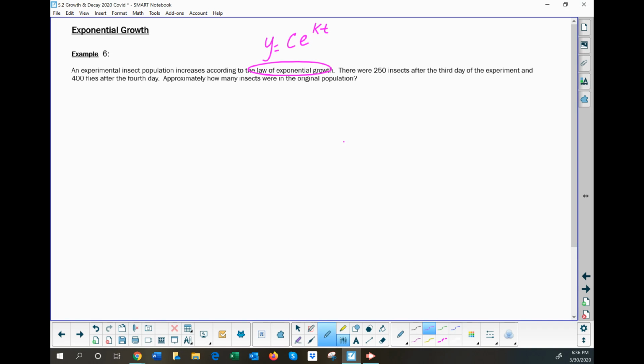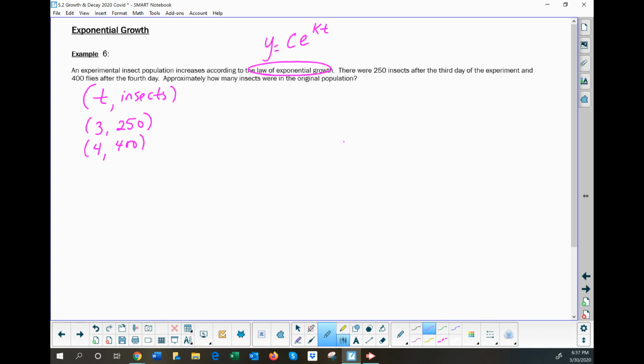So I'm thinking of time and insects, kind of my ordered pair. So I'm going to have 3 and 250. Also, 400 insects at day 4. So 400 on time 4.